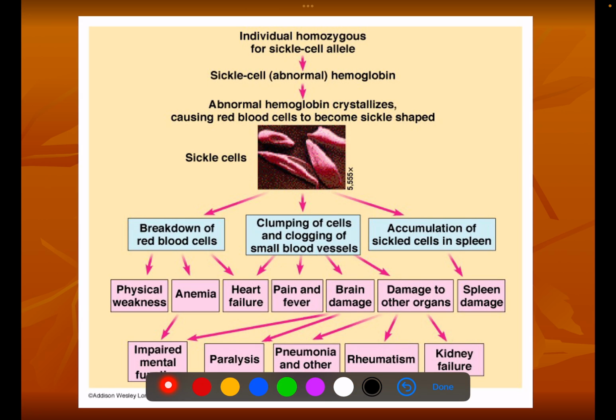So let's look at sickle cell anemia, one gene, and look at all of the symptoms. Every one of these boxes is like a phenotype, so physical outward appearance. One gene, multiple phenotypes, as opposed to earlobes, one gene, where you're either free or you have attached earlobes. Here, there are way more outcomes.